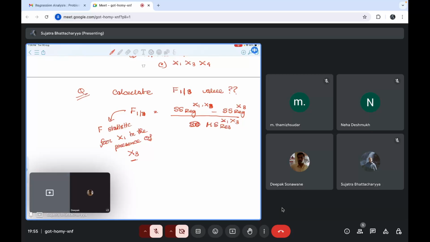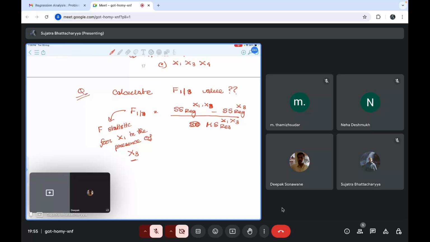For that, we calculate the full SS regression of x1 comma x3, both present, minus when only x3 is present, that is x1 is not present. The difference gives you the contribution of x1, divided by MS residual of x1 comma x3. This is how it has to be done.